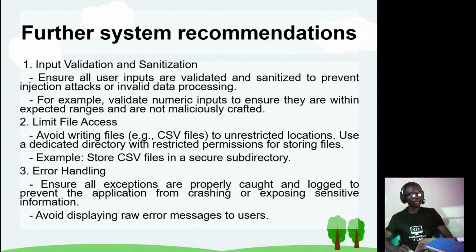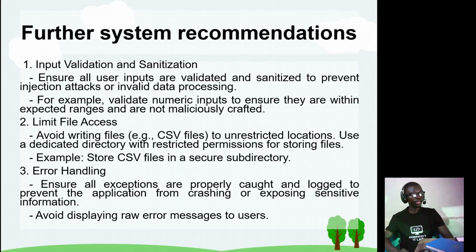Input validation and sanitization. This is one of the further recommendations. Make sure all user inputs are validated and sanitized to prevent injection or invalid data processing. For example, validate numerical inputs to ensure they are within expected ranges.